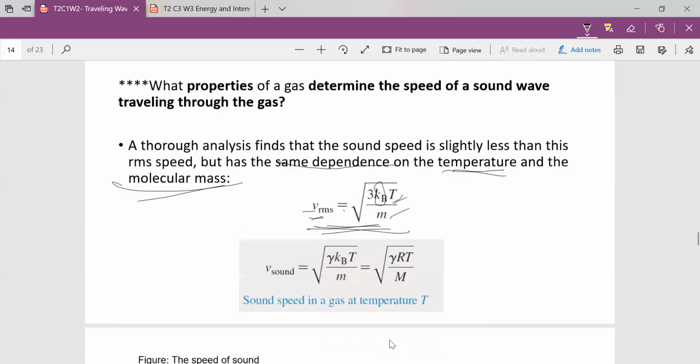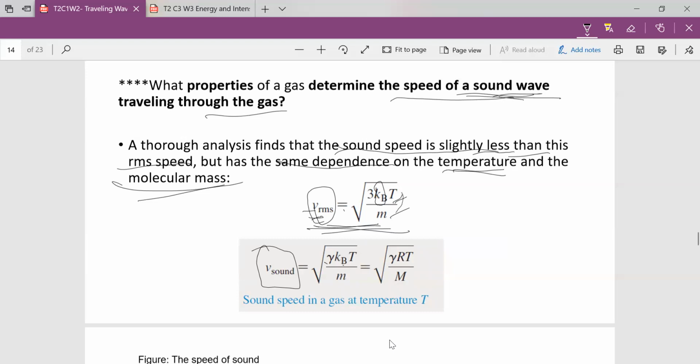So if we have established that the sound speed is slightly less than the root mean square speed, then the sound speed for sound traveling through gas is given as the square root of gamma k_B T over M. Remember, we said a little less.